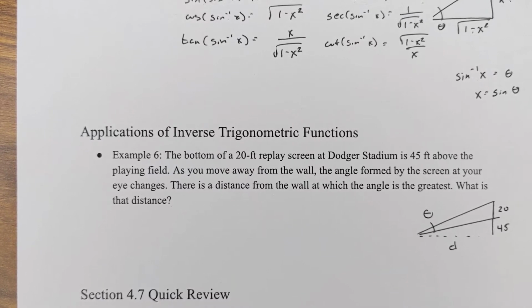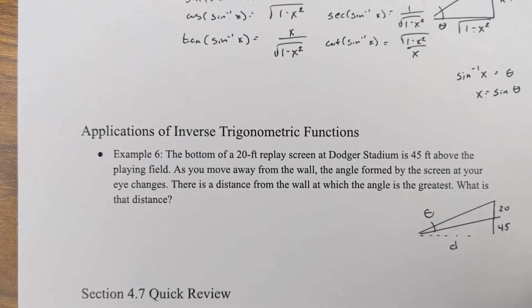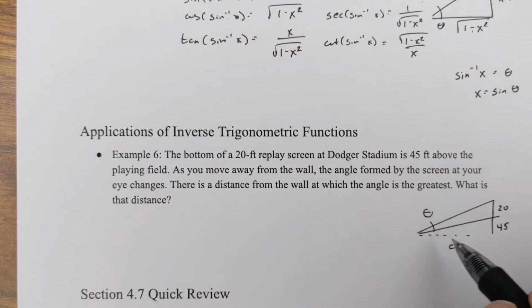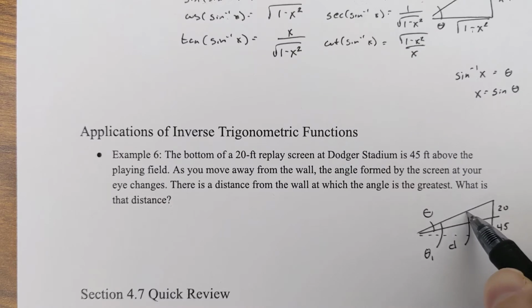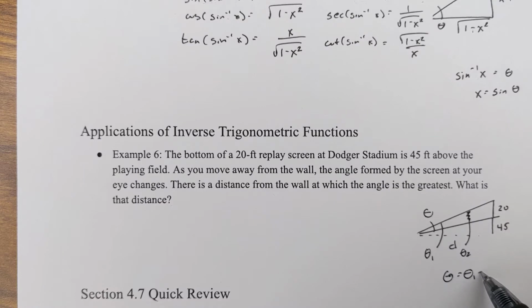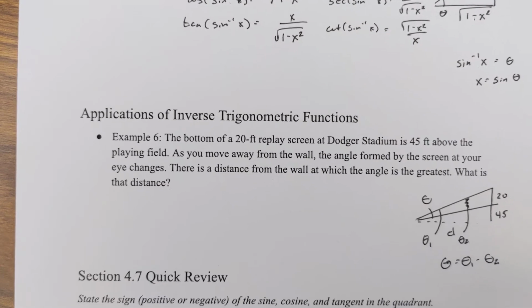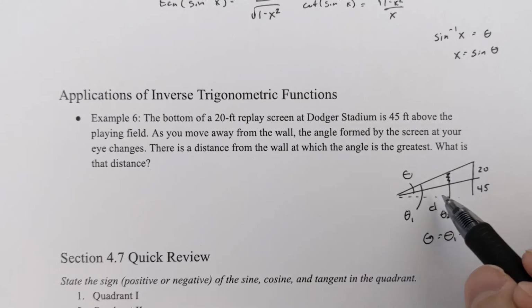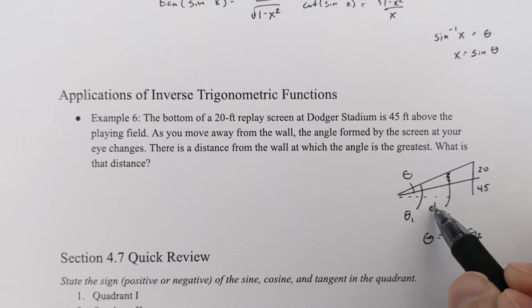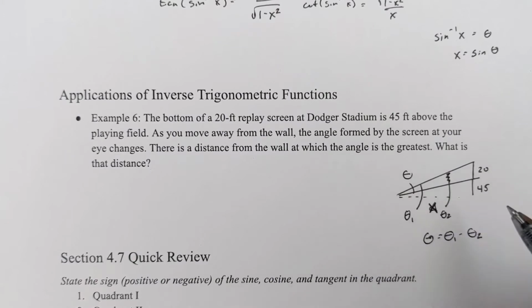So the angle that I'm looking for, I have to treat this as two separate triangles actually. So I have this big angle here, we'll call that theta 1, and that theta 2. So the angle I'm looking for is theta 1 minus theta 2, the difference between the big and the small. Now, because it's a triangle, we'll call this x just to be consistent.